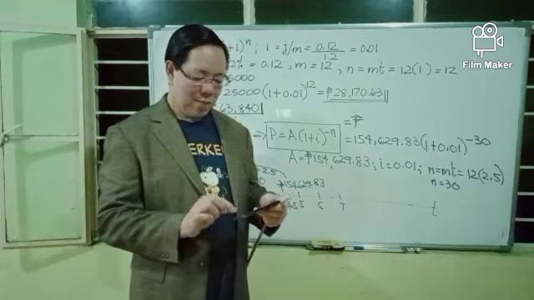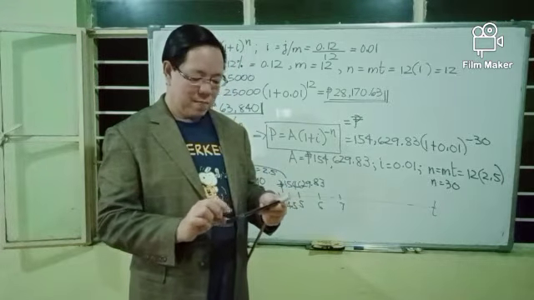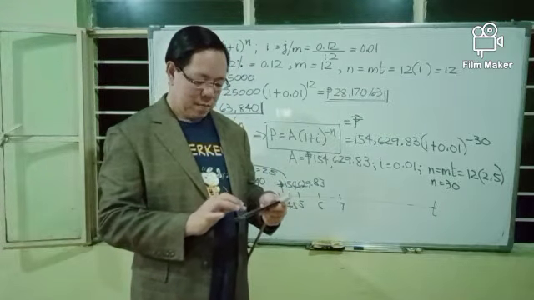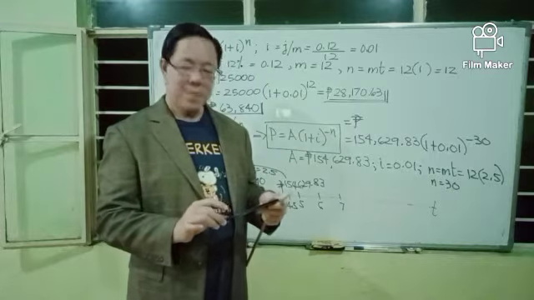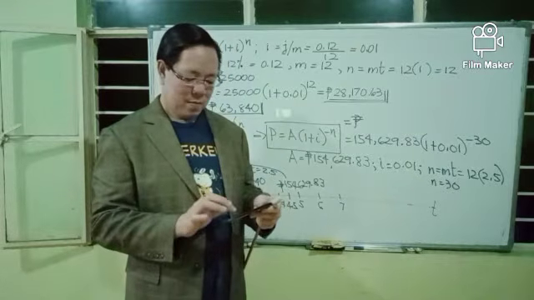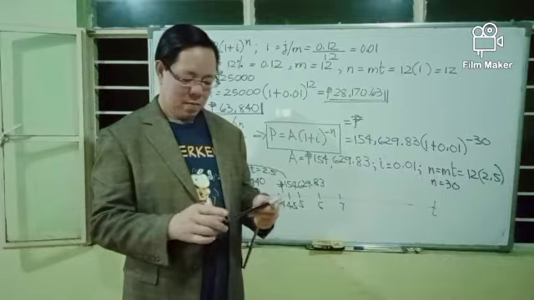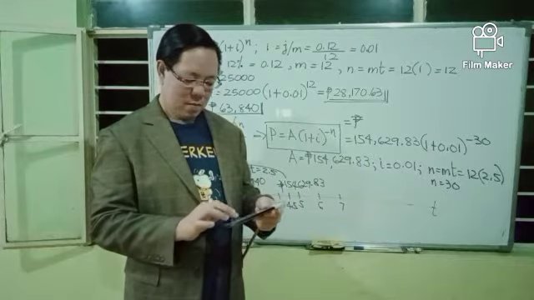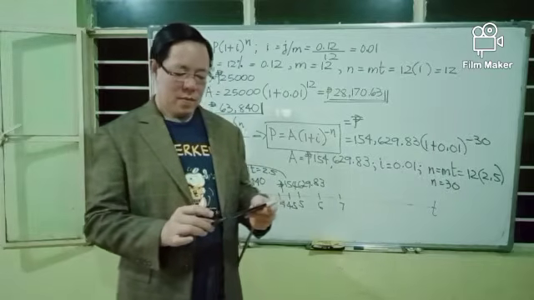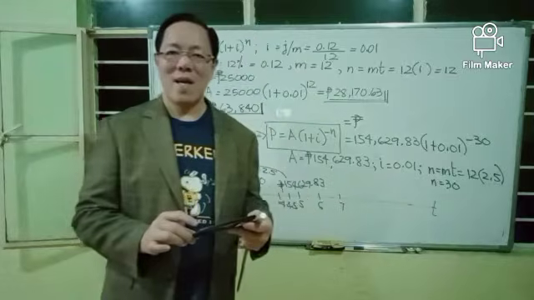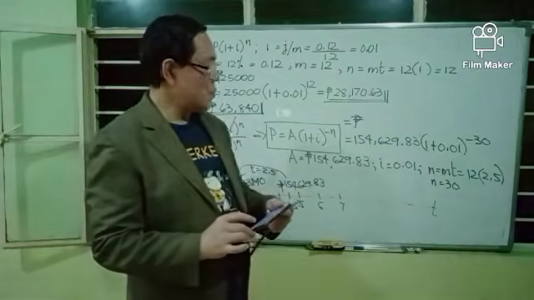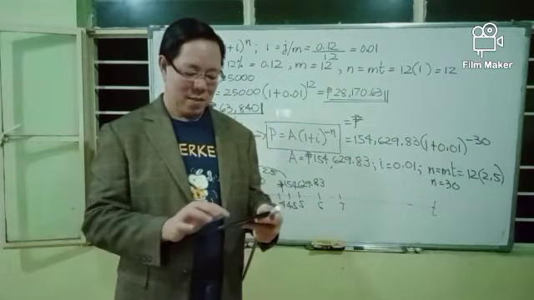We have 1 plus 0.01, press equals, we get 1.01, and that answer you raise to the power negative 30.